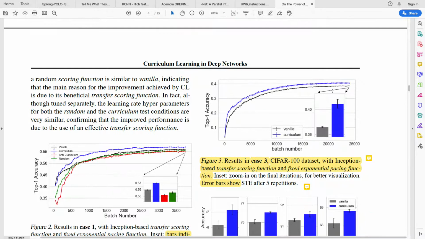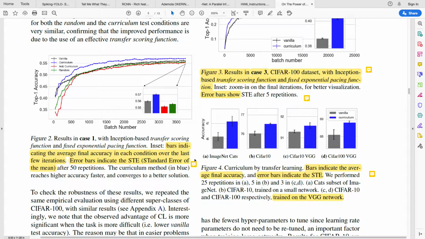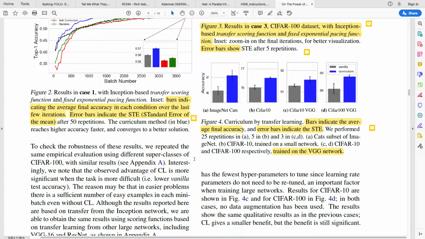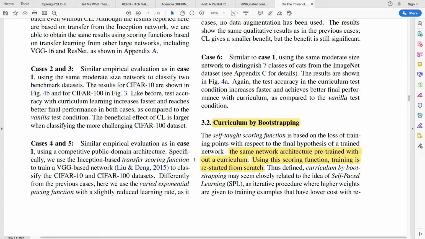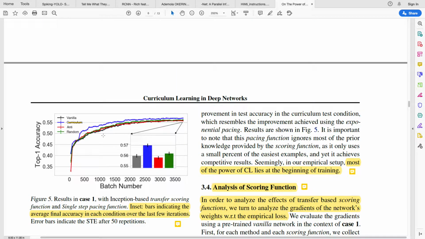The same thing here, you will see that the curriculum, the one in blue, had a higher performance. The same was also observed here. You see that the curriculum in blue did very well.